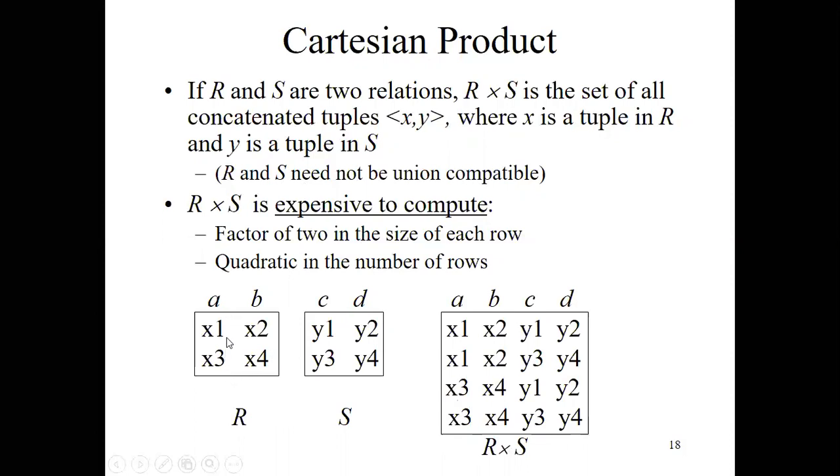See here, we have relation R with the attributes A and B, and relation S with the attributes C and D. When I say R cross S, what happens here?